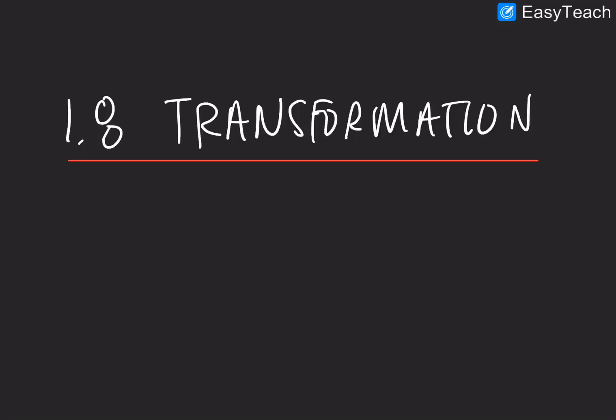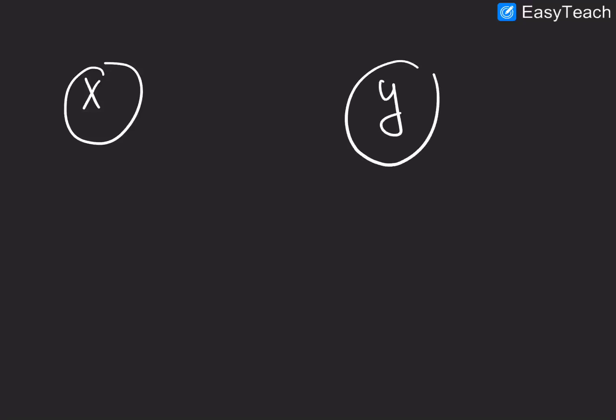So today we're going to be going over a pretty important section in linear algebra. It's called transformations. Now, transformations are basically what the name says. In a transformation, you're going to have an x coordinate corresponding to a y coordinate.